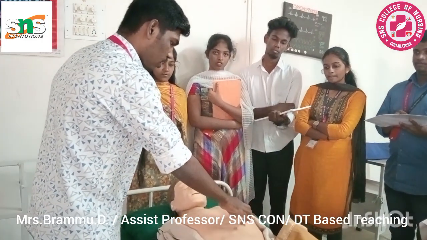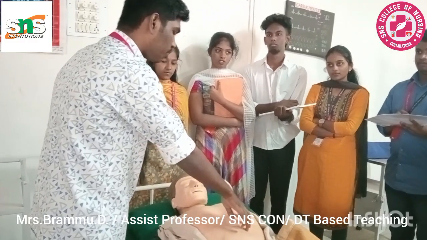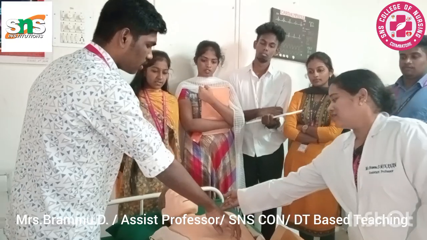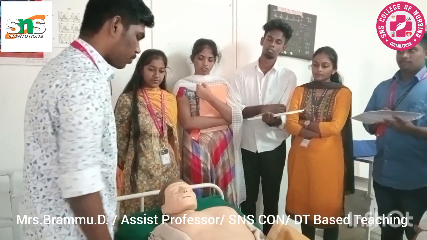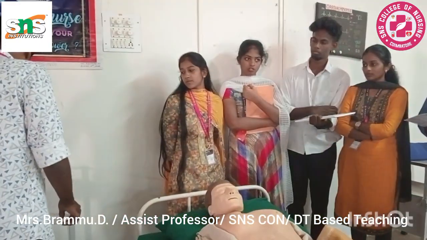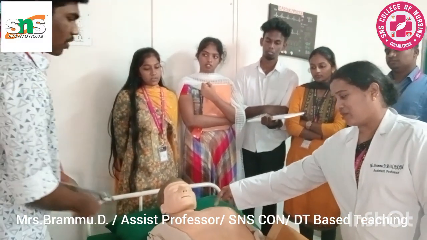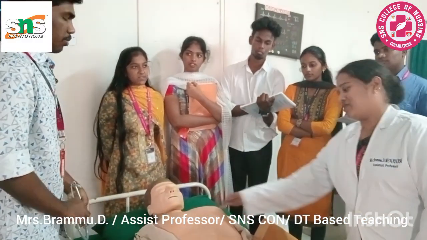And the mitral valve is present in the fifth intercostal space, mid clavicular line. Between the tricuspid valve and the pulmonic valve, you have the Erb's spot.